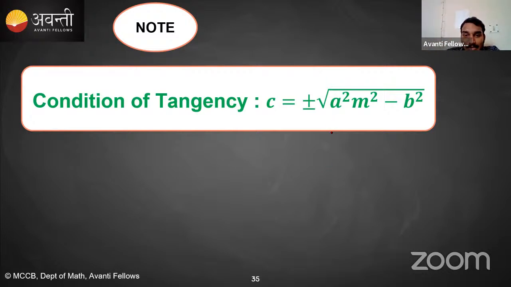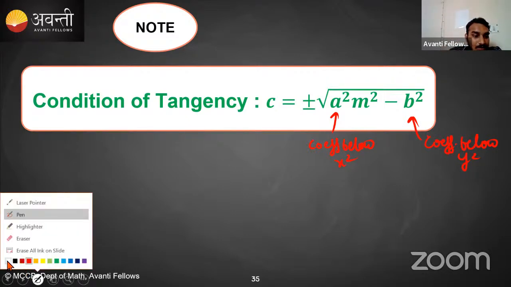So this a means the coefficient below x square, and this is the coefficient below y square. The term written below y square is b square, and the term written below x square is a square.